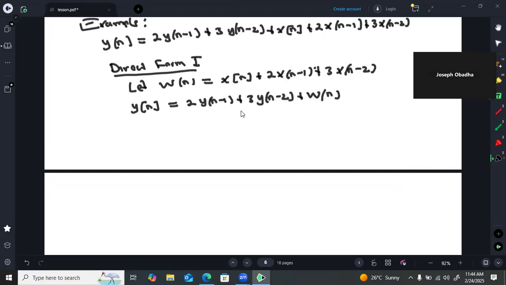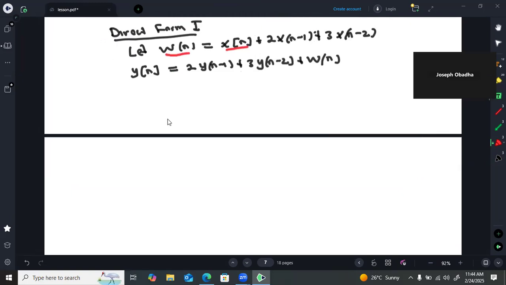Once we have done this, then we can implement the direct form 1 in 2 steps. The first step is to consider the input x of n and a corresponding output w of n. So I will have my drawing in this form.